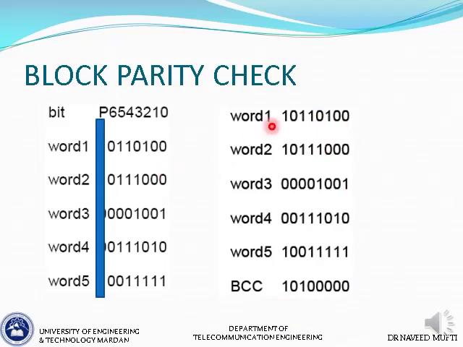So word 1 will be sent first, then word 2, then word 3, then word 4, then 5, and then finally we will send BCC. So that is the sequence in which they will be received at the receiver. The receiver will receive them in the same sequence, and will basically try to arrange them in the same order.